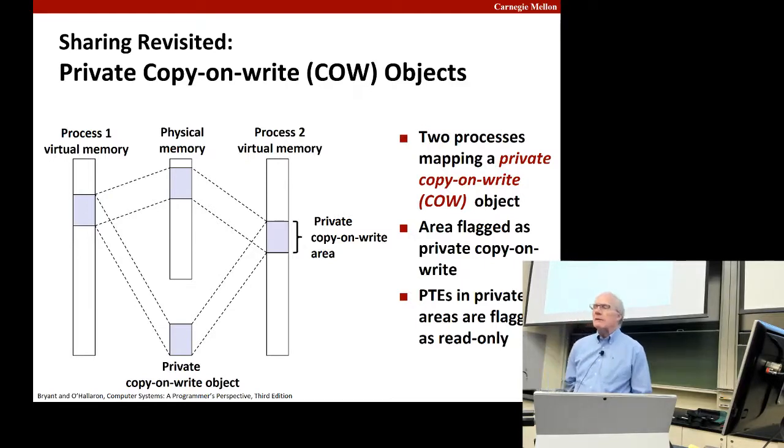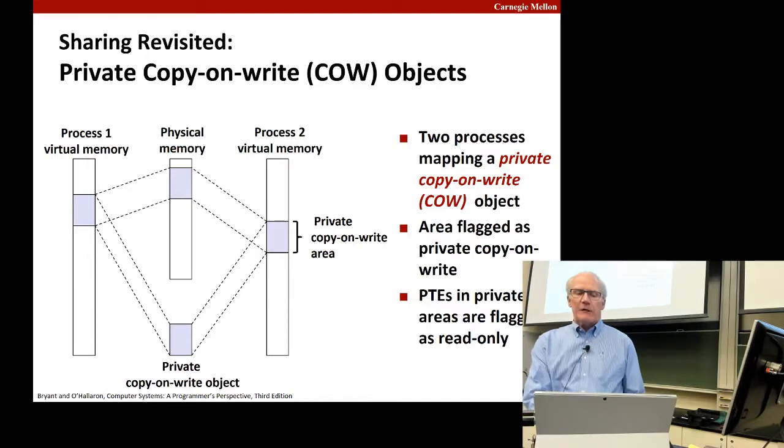So what the operating system will do is mark that block in each of these page table entries as read-only. But it will also keep track of the fact that this block is actually shared, and it will keep a reference count for how many sharers there are of that block.